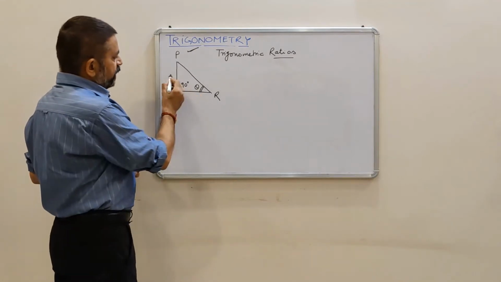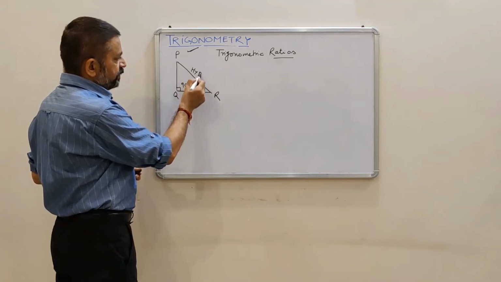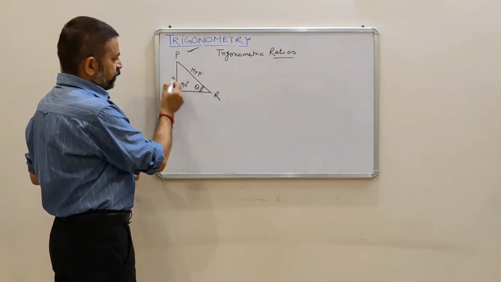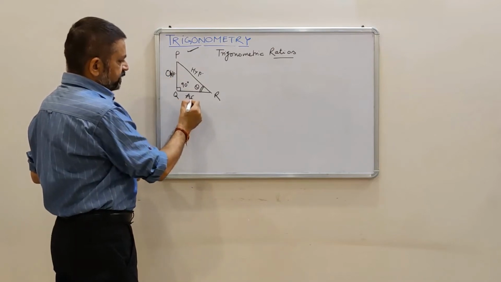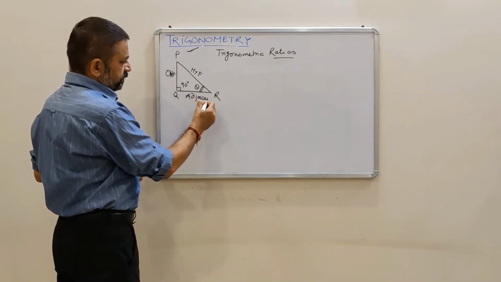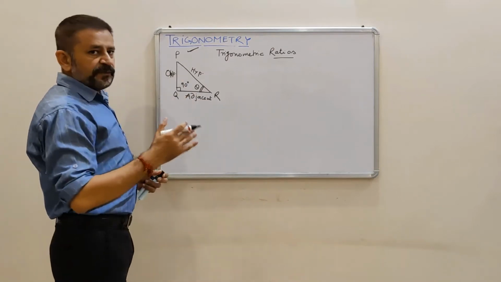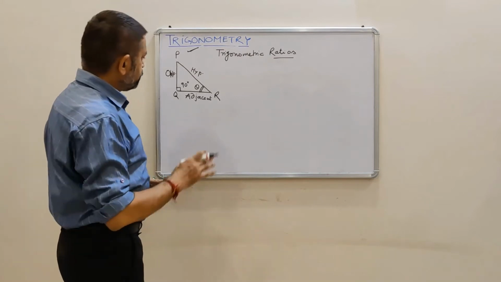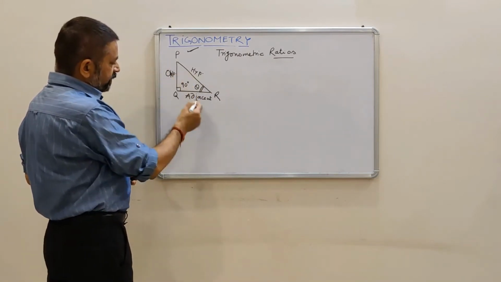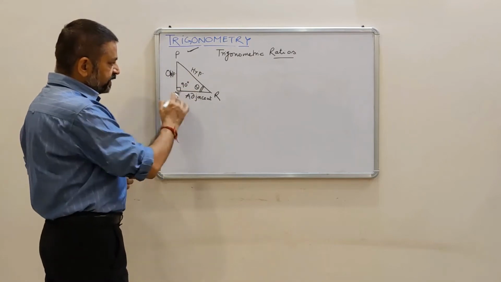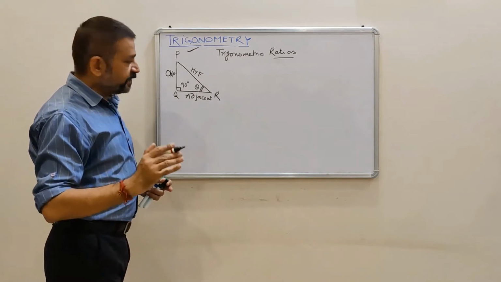Now we have these three sides: hypotenuse, the side opposite to theta, which I'm calling the opposite side, and the adjacent side. I'm giving these names because I'll give you one very easy way to remember all the ratios. Look at all three sides. We have three sides, so we can form 6 ratios out of these. How will 6 ratios be there?